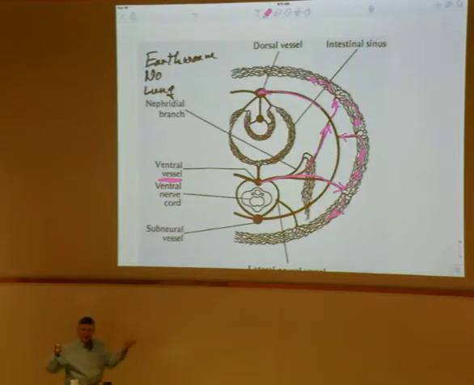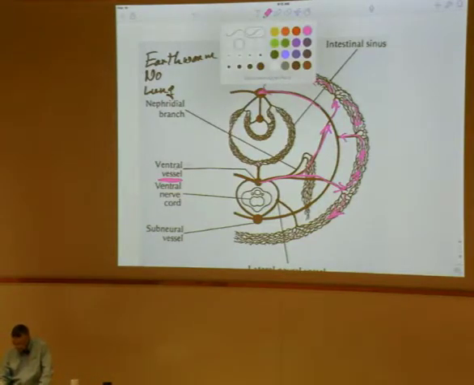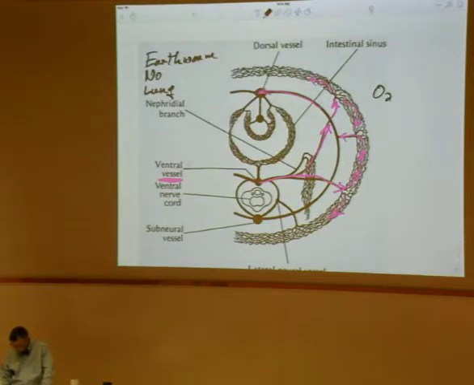That network of capillaries right underneath the integument is where oxygen is being picked up. There's no lung. It's just a big gas exchange surface and a relatively low metabolic rate for these animals. So oxygen is being picked up by diffusion.